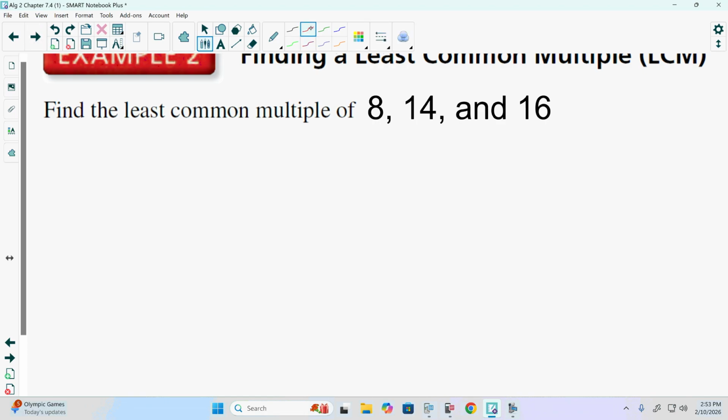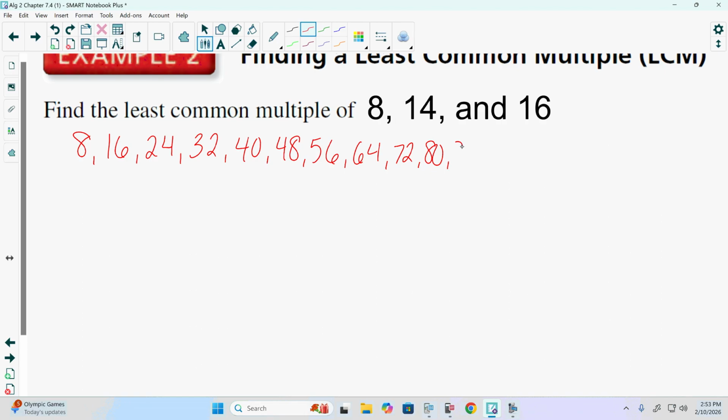If we look at the 8 they listed here, 8, 16, 24, 32, 40, 48, 56, 64, 72, 80, 88, 96, 104, 112, 120, 128, and it keeps going on, yes?